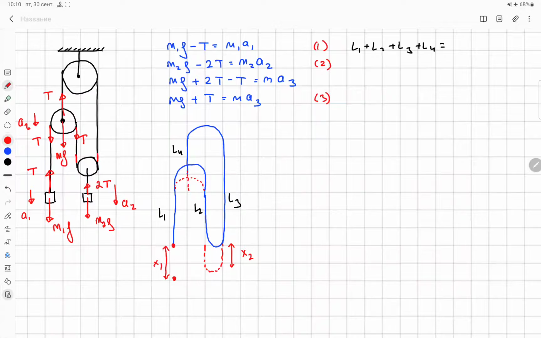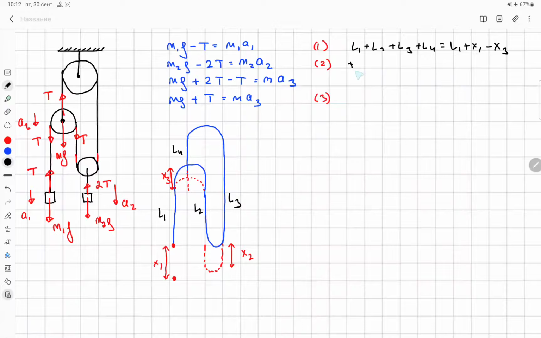This rope will be here, x3, this distance. New length of the rope at the left side: initially it was L1, and the lower part moves downward. It means L1 plus x1, but the upper part moves also downward for x3, so we need to subtract it. Here minus x3.